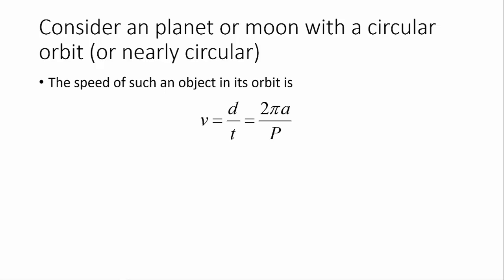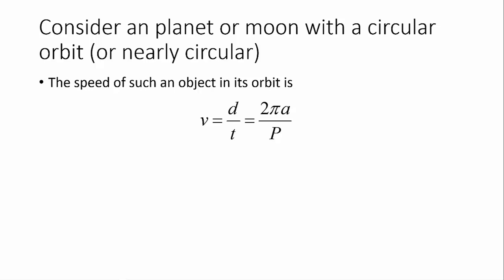So now we're going to limit ourselves to circular orbits here, and I'd like to develop a relation for the speed of an orbiting object. The speed of an object in an orbit is v equals d over t. This may look a little familiar, although in an algebra class you'd typically use r is equal to d over t.